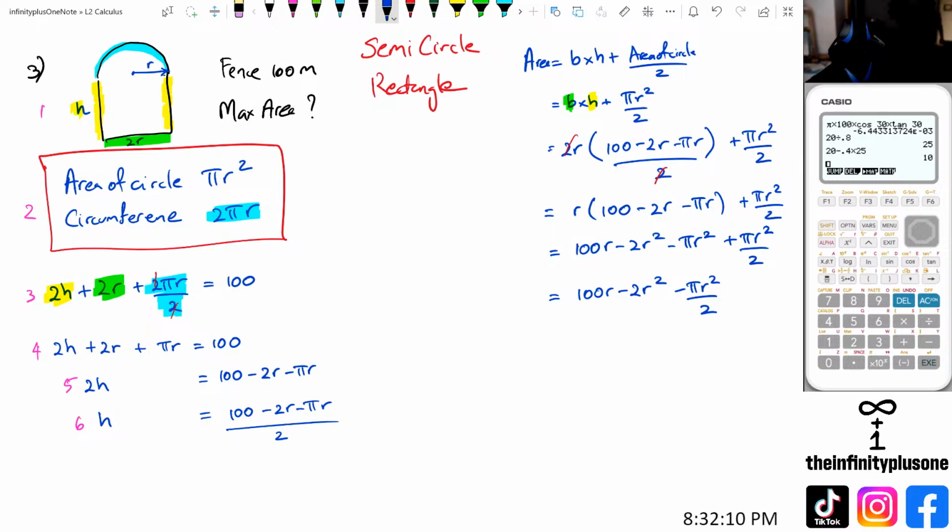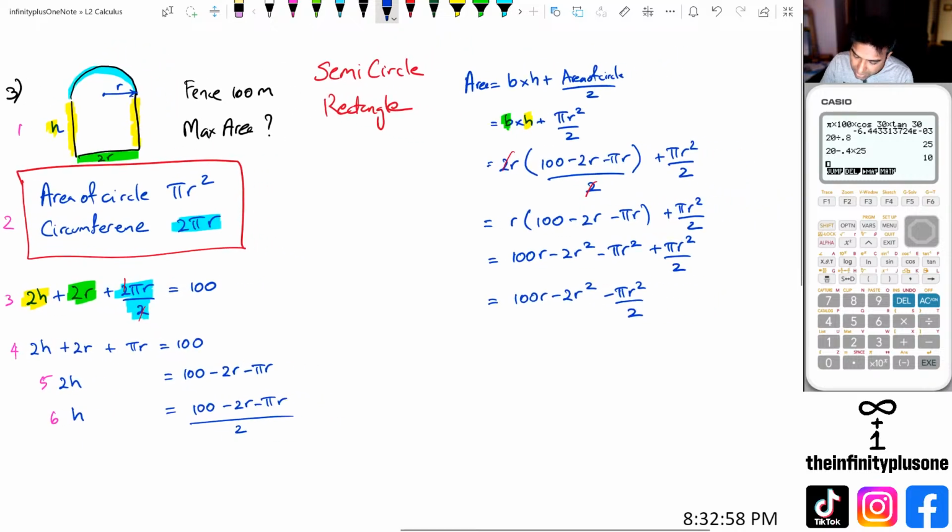Hold on. Did I miss something? How did I get minus pi r squared?